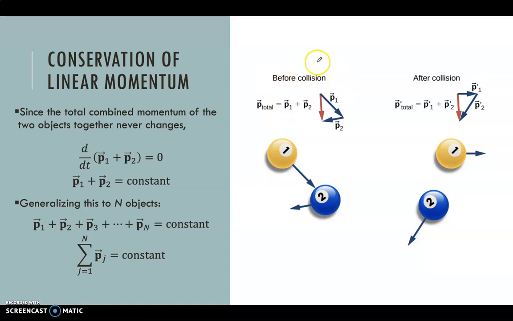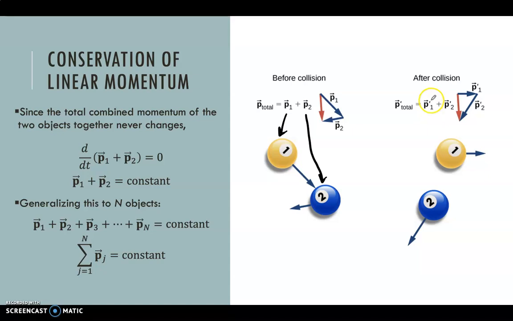So let's look at this pictorially. Before a collision, we have some total momentum of a system. We have p1, the momentum of the first ball here, and p2, the momentum of the second ball here. After they collide, we have some p total again, and we'll have two different momentums here.